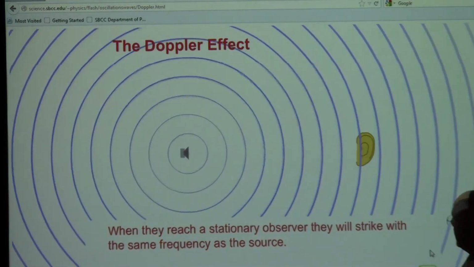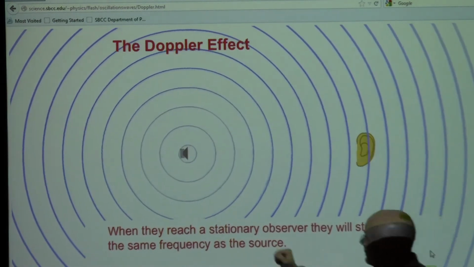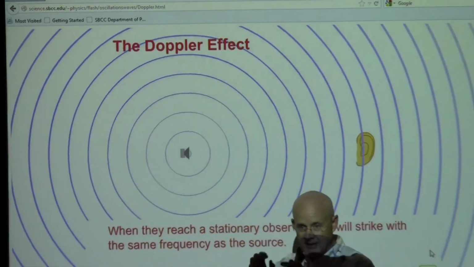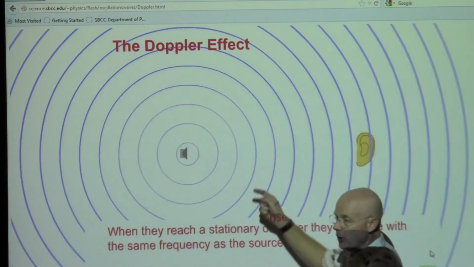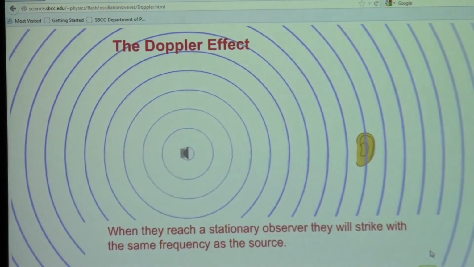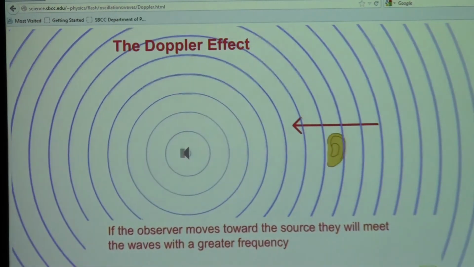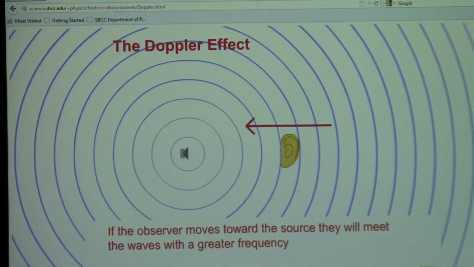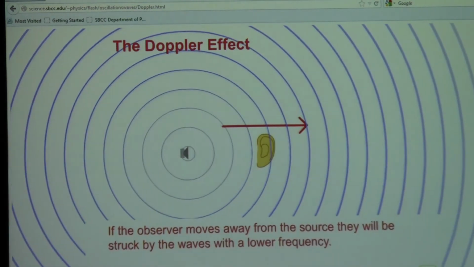What would happen if this observer, O, moves towards the source, S? If you watch this play out, isn't the rate a little bit higher because you're moving into them? Wouldn't you pick up more than 1,000?